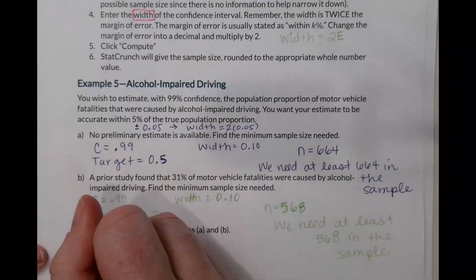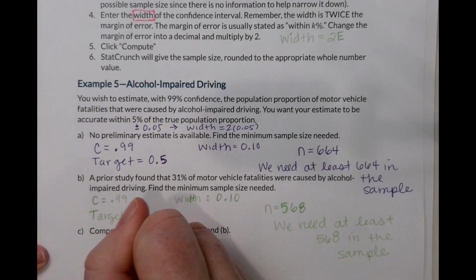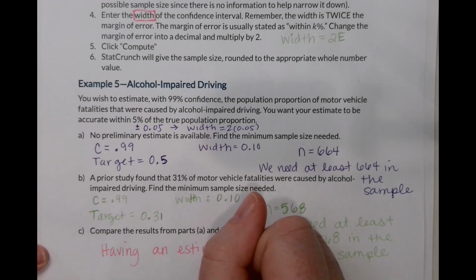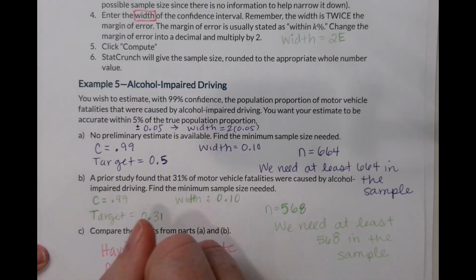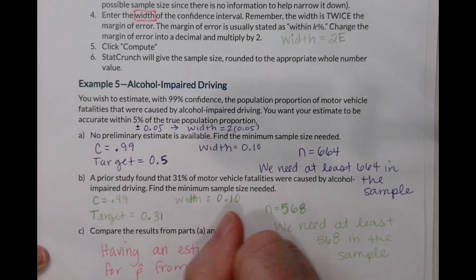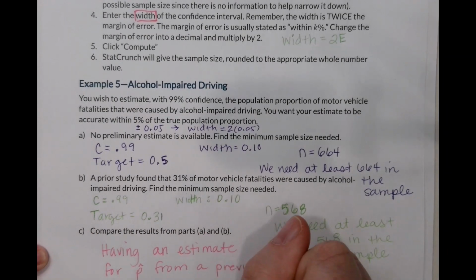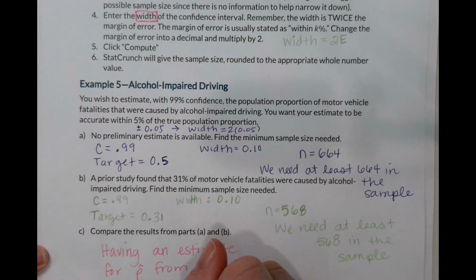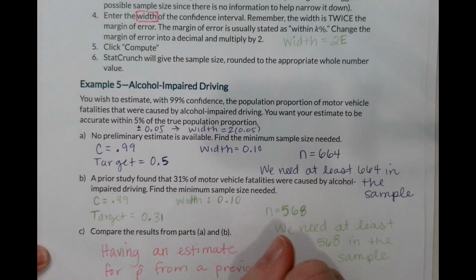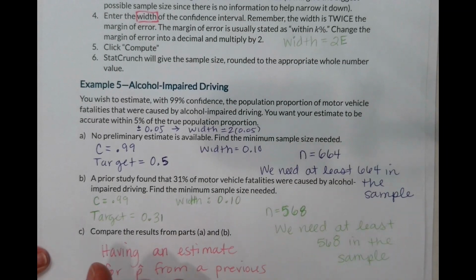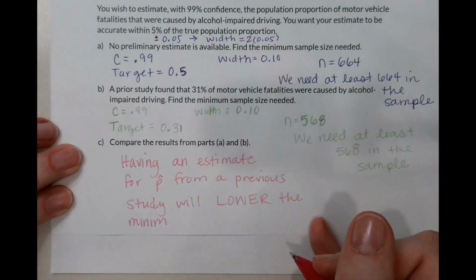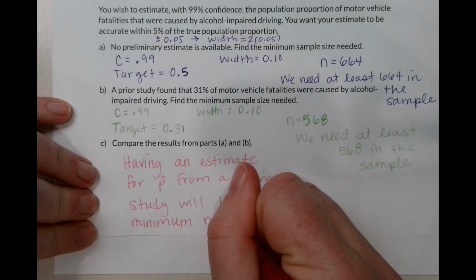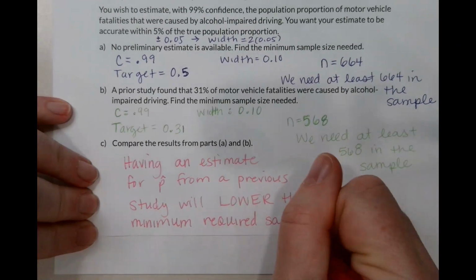So having an estimate for p hat from a previous study will lower the minimum required sample size.